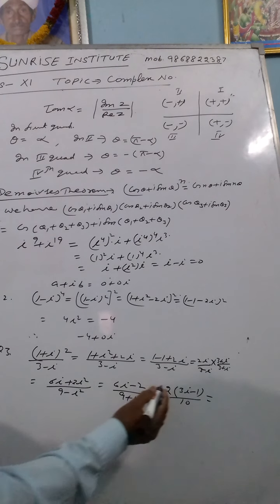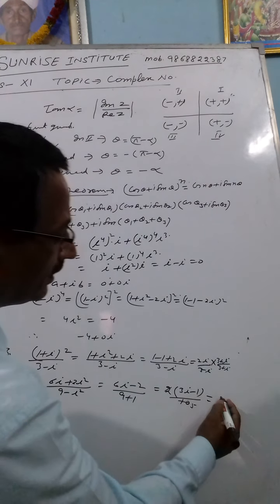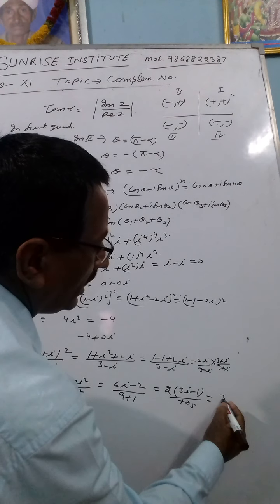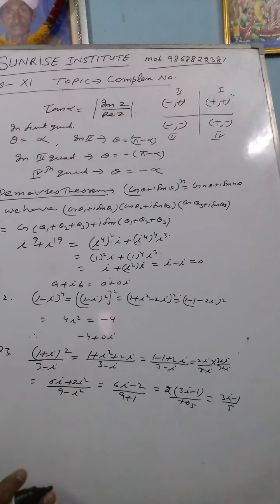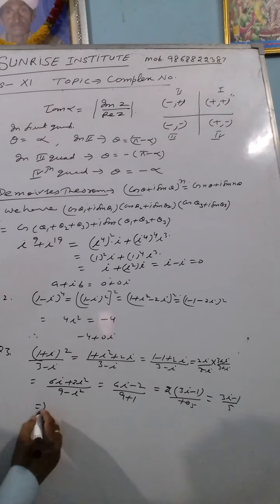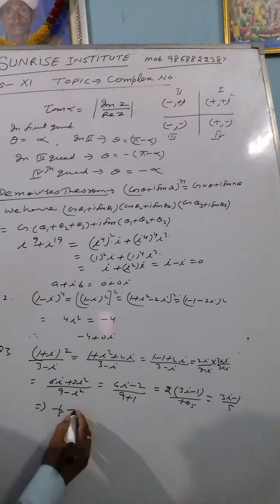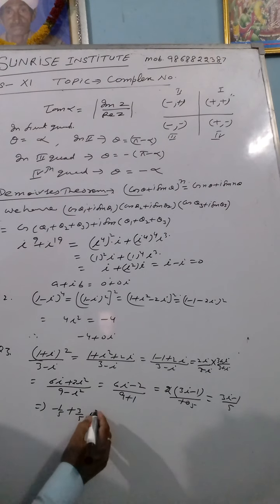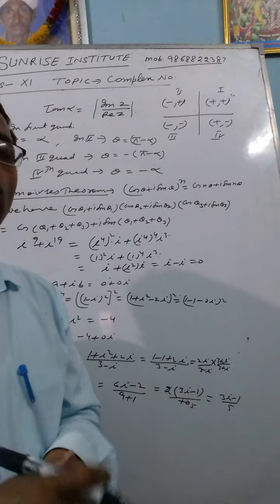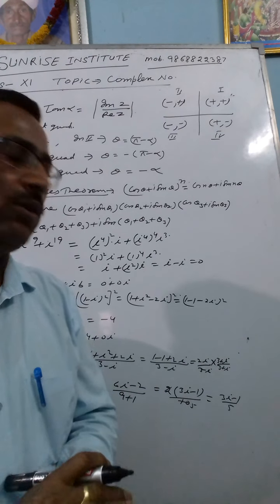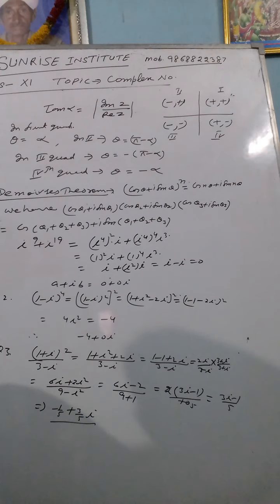Okay students, 2 fives are 10. Then we have (3 iota minus 1) upon 5, that is minus 1 by 5 plus 3 by 5 iota. Okay students, this is the form of complex a plus iota b.